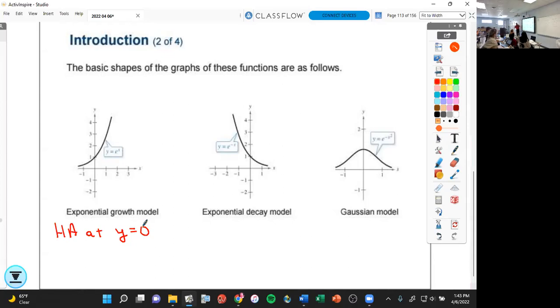Well, the value of x is what it is. But when you take the reciprocal, so we have 1 over e to the x. So e to the x is getting infinitely large. What is 1 divided by an extremely large number? Can it ever be 0? That's why there's an asymptote there.